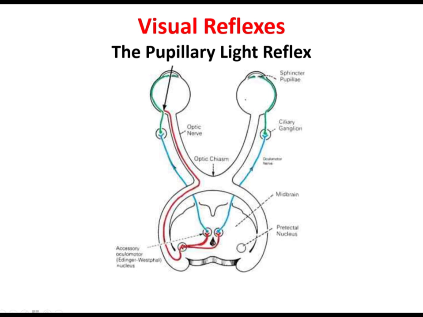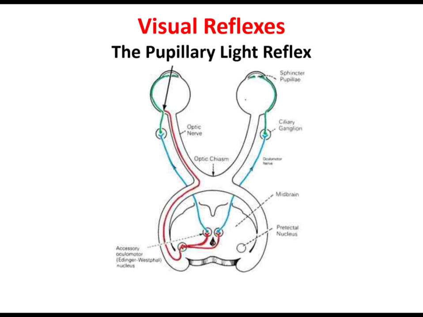Like any other reflex of the body, you have an afferent limb and an efferent limb. The afferent limb is sensory information that enters the central nervous system, and in response to that sensory information, you have a response that takes place, the efferent limb. So if we look at the visual reflexes, specifically the pupillary light reflex, let me talk about the different afferent and efferent information.